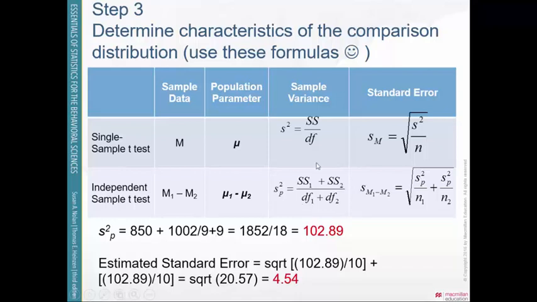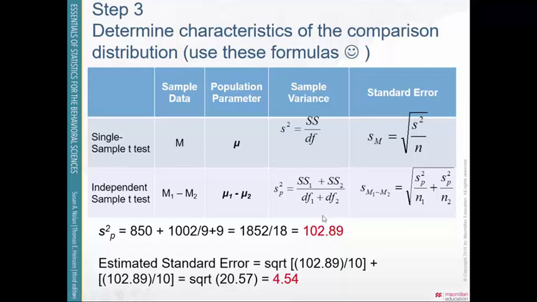And in this formula, you add up the numerator, then you add up the denominator, and then you divide. That's the key for the order of operations here. So we add up the numerator, 850 plus 1002 gives us 1852, divided by 9 plus 9, which is 18, which gives you your pooled variance of 102.89.